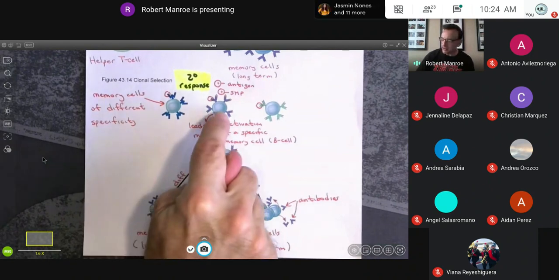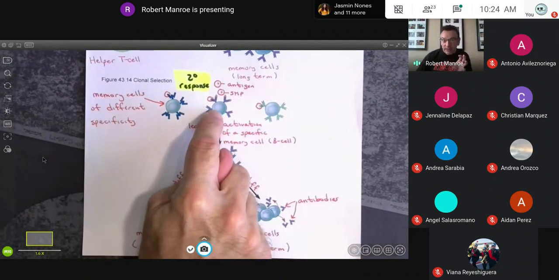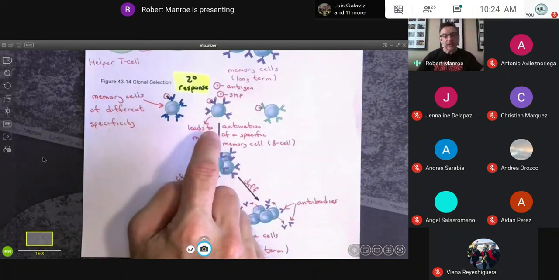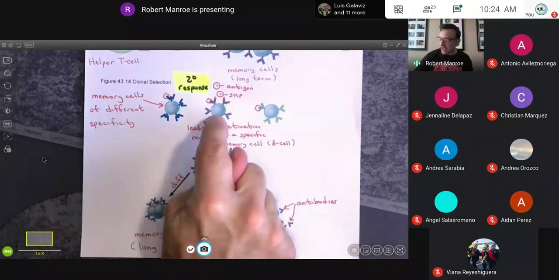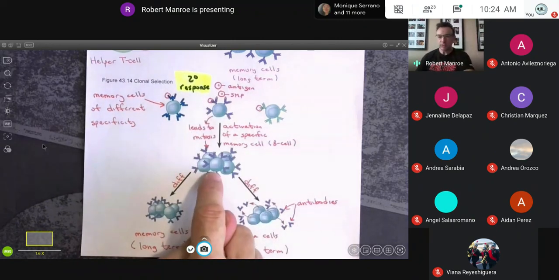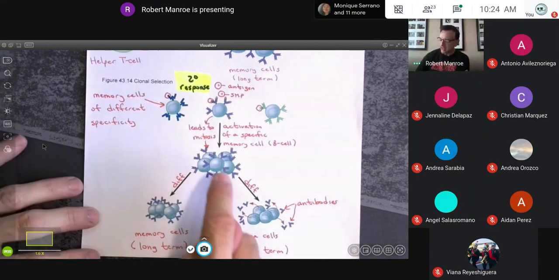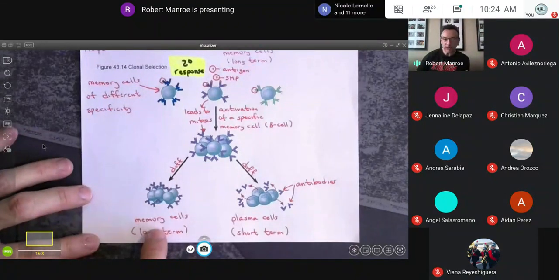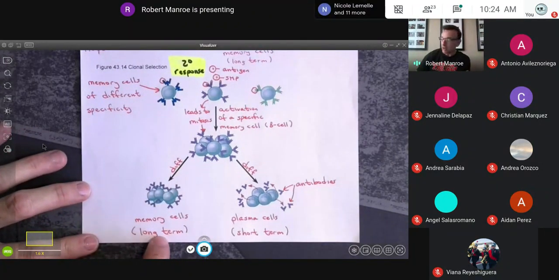So therefore, this memory cell waits. And if you are exposed to that same pathogen again, that activates that memory cell, which then goes through mitosis. It replicates into even more memory cells. That's long-term.